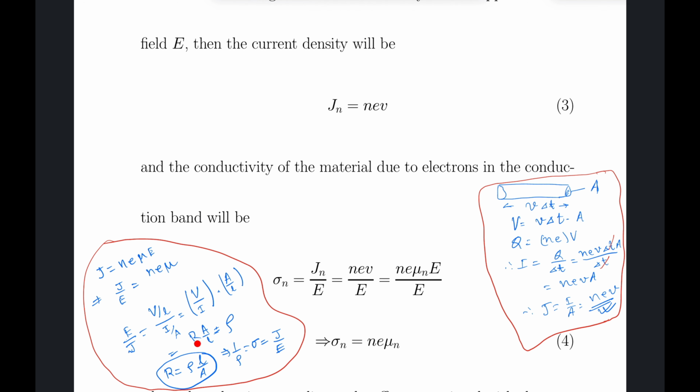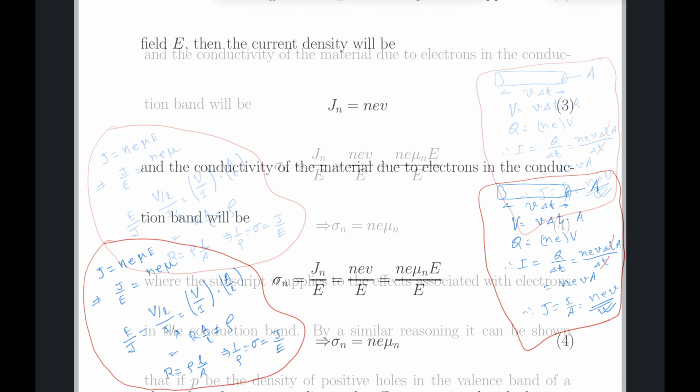This is equal to R. This is A and this is L. So R A upon L. We have seen earlier in our school level class that R, resistance of a conductor, is equal to rho L upon A. Clear? So 1 upon rho, this is resistivity. 1 upon resistivity is conductivity. So conductivity is J upon E. So J upon E is n e mu. Clear? So this is what we have written here.